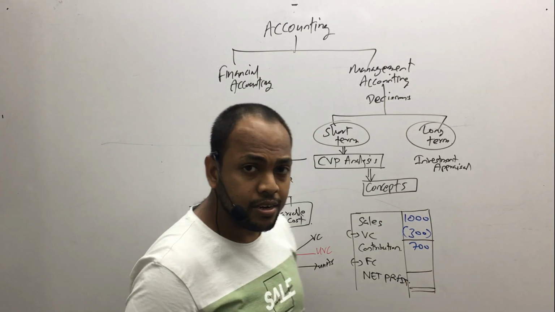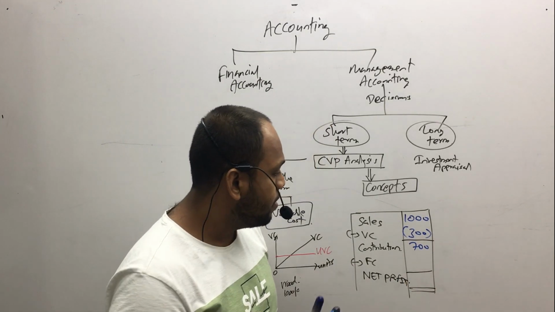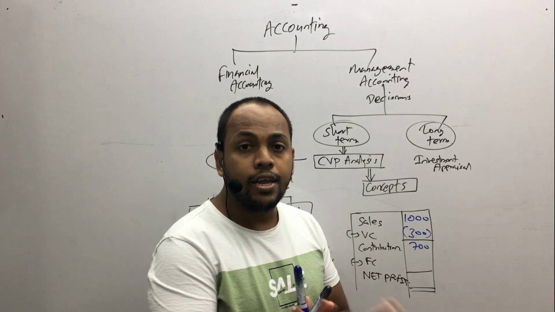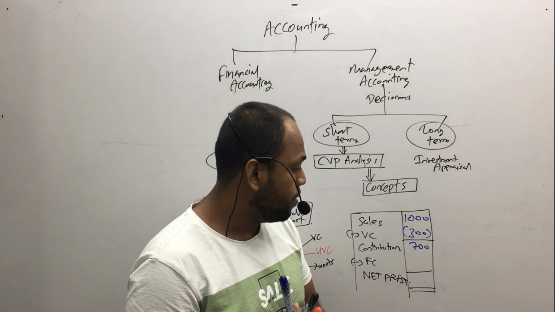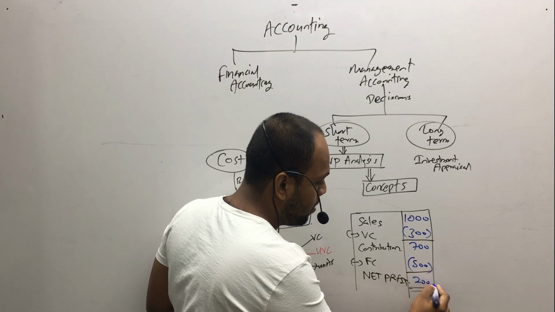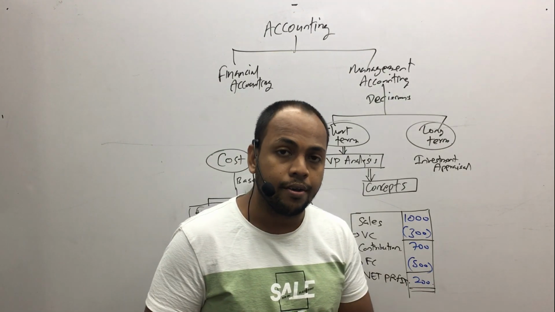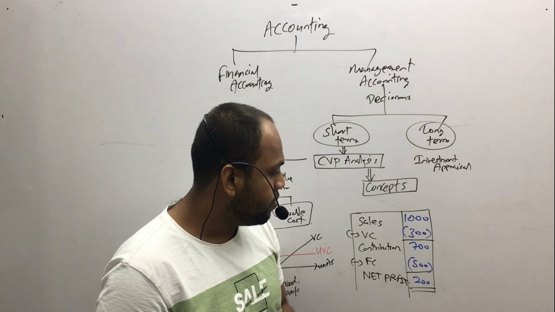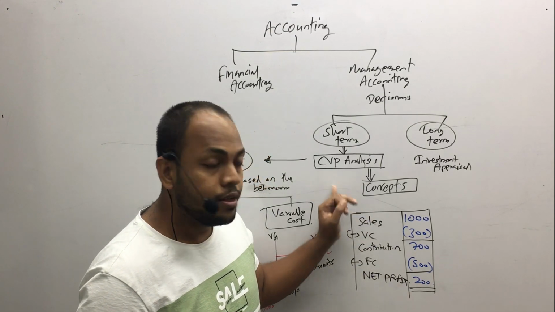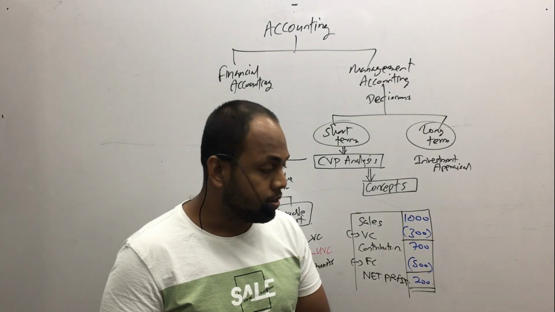What is meant by contribution? Contribution means the amount available after paying your variable cost. Fixed cost, let's say it's 500, your net profit is 200. So this is how you calculate the net profit using marginal costing.